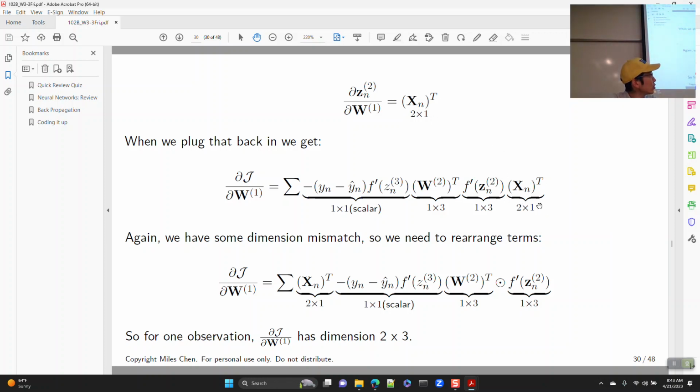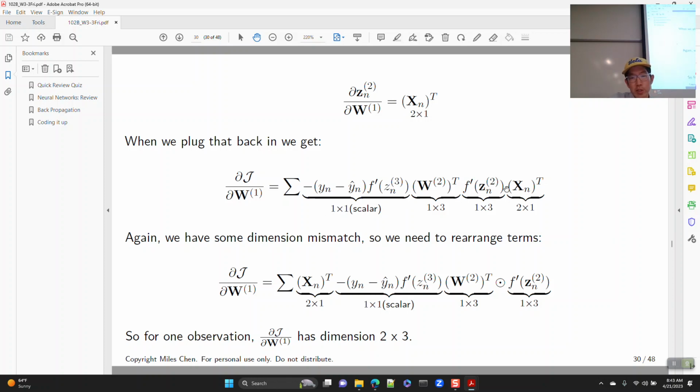Well, we have a 2 by 1, and we just want to make sure that we do it to the first element, and then we also want the second element. So far this is all going to combine to a 1 by 3, and the result is we want a 2 by 3 matrix.